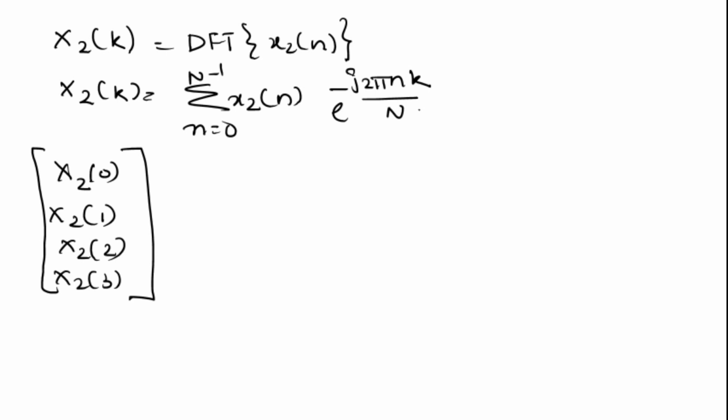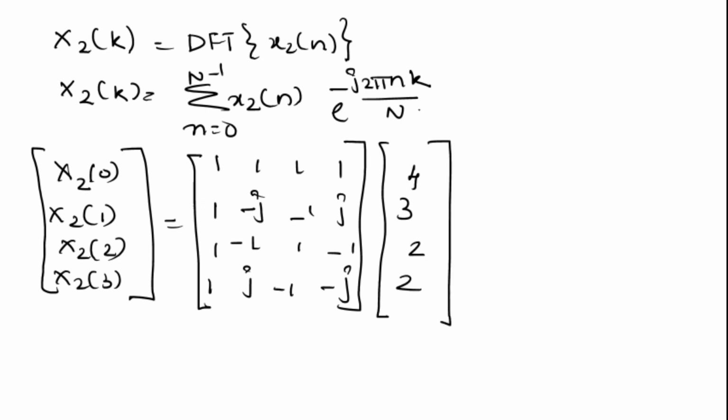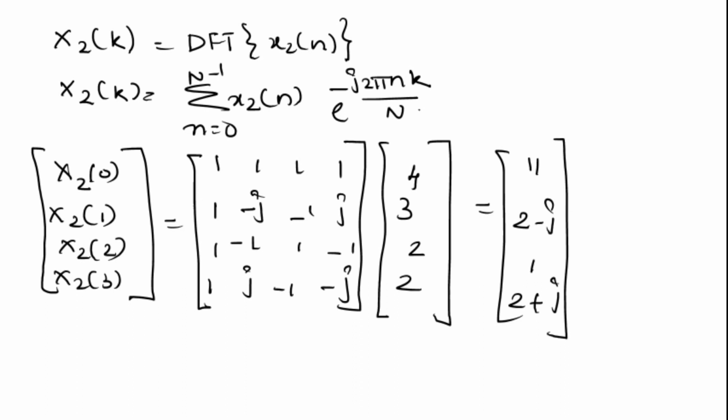The standard coefficient matrix should be multiplied by x of n, which is 4, 3, 2, and 2. So the answer will be 11, 2 minus j, 1 and 2 plus j. Then x2 of k is equal to 11, 2 minus j, 1 and 2 plus j.